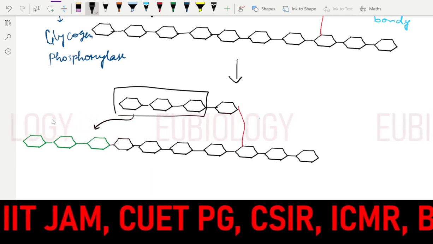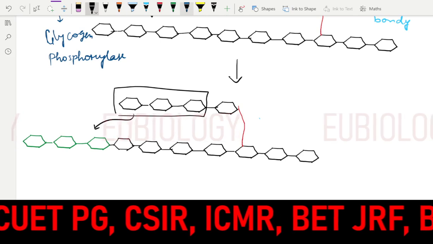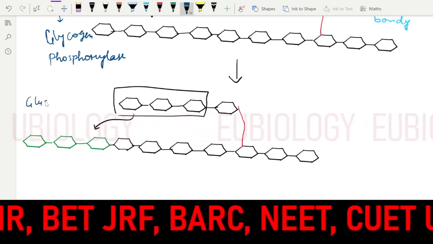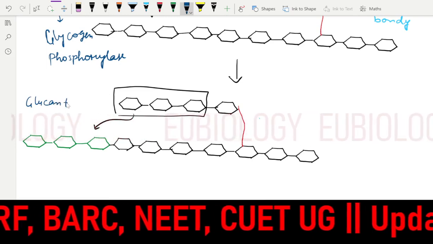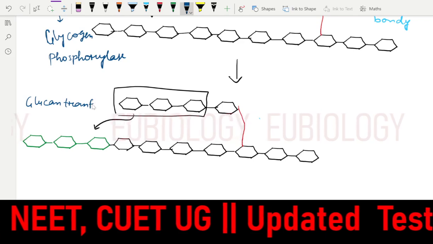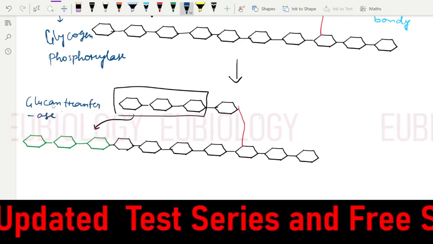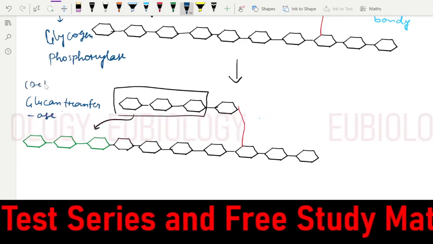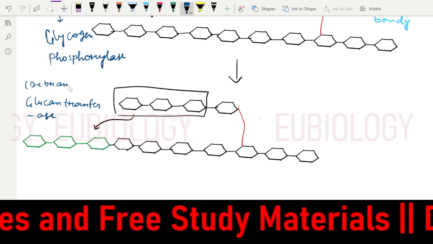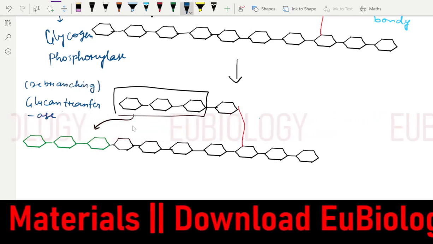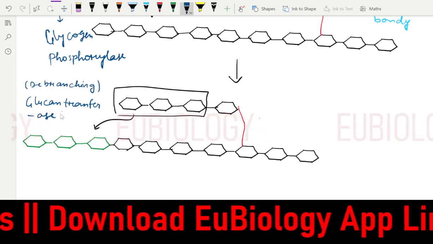You can see, I can write it here. Glucan transferase. This is the debranching enzyme. It has two roles.